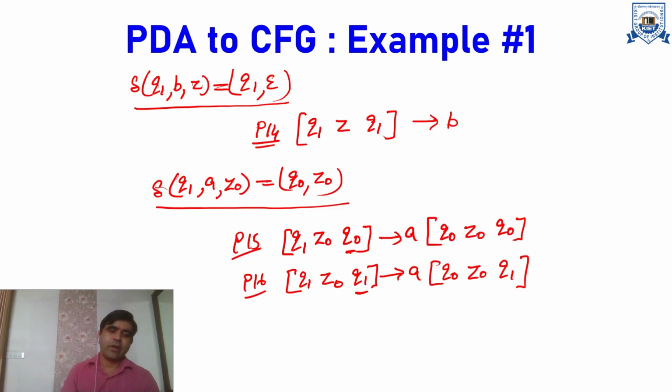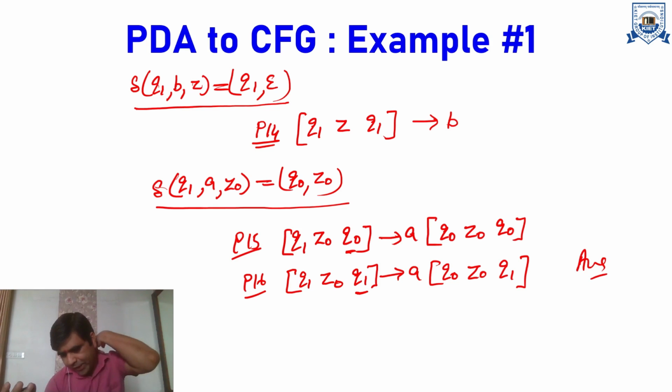So see, we have now defined everything for our corresponding context free grammar. We have defined the set of variables V in the beginning. We have defined the production rules. S is the new start symbol, and the alphabet symbols remain the same, that is a and b in this case.